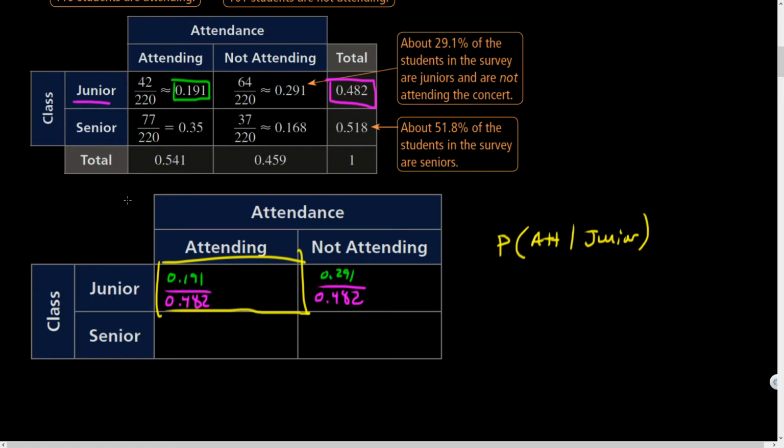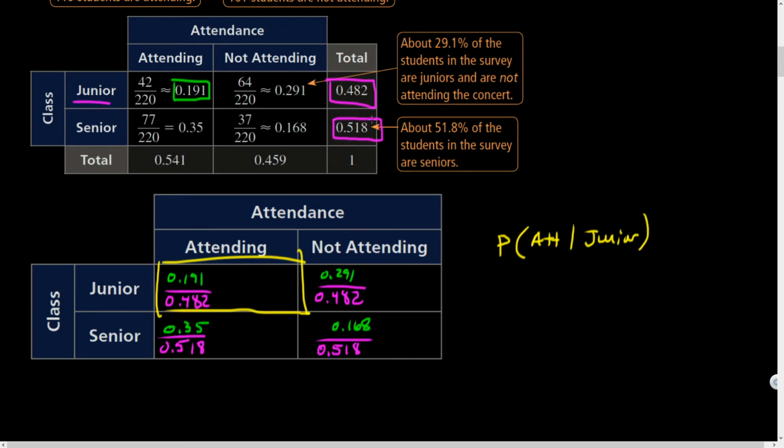And then for the seniors, since we're going by rows, these denominators would be 0.518, 0.518, check. And the numerators would be these decimal values. So 0.35 and 0.168.